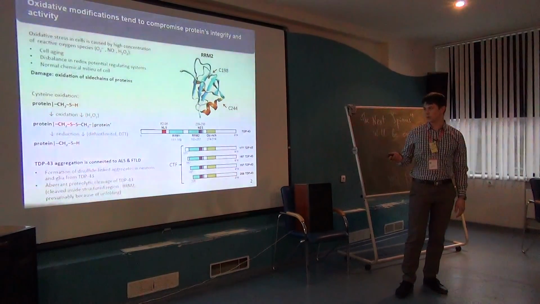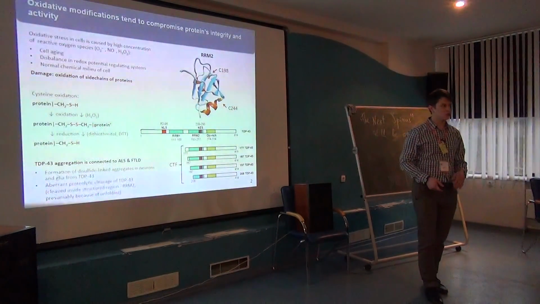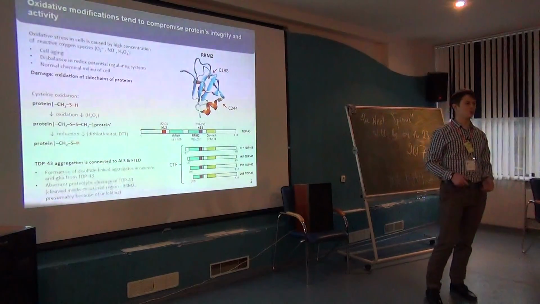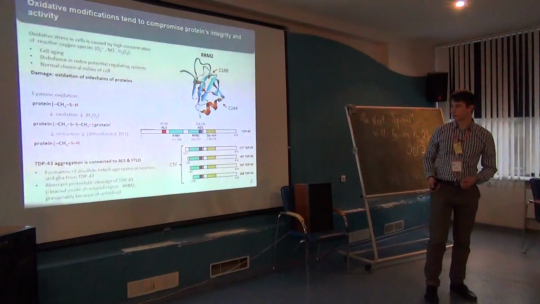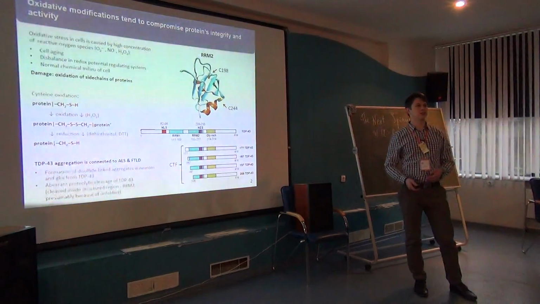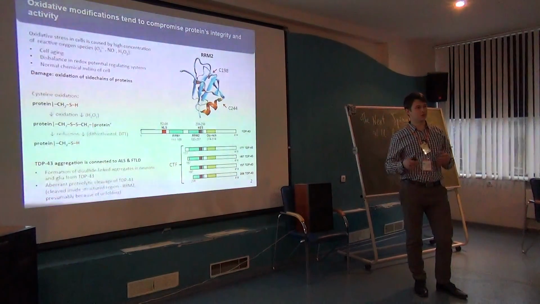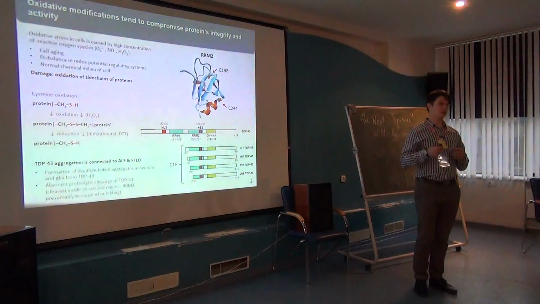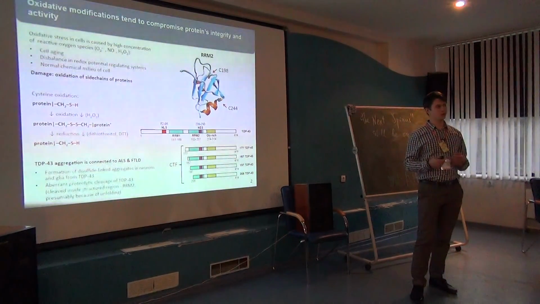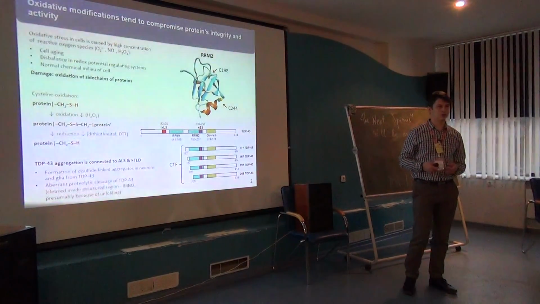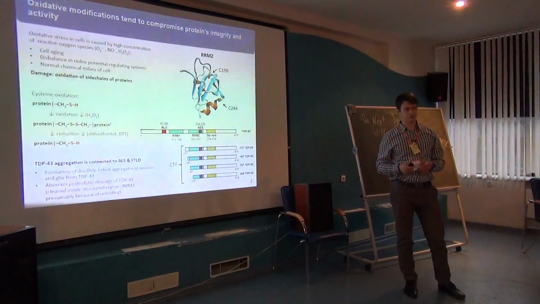And when we add some reducing agent to our system, we can reduce this bond to a free thiol group. It's clear that such bonding can introduce disulfide bonds both between different protein molecules, intermolecular bonds, and intramolecular bonds.